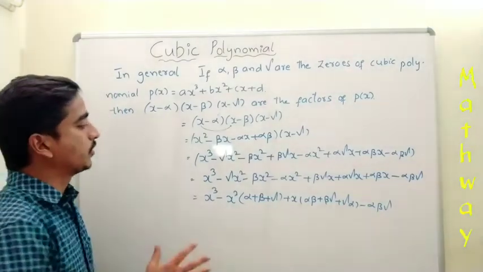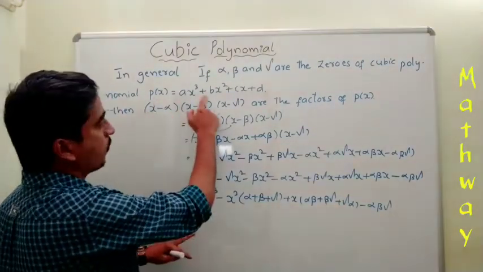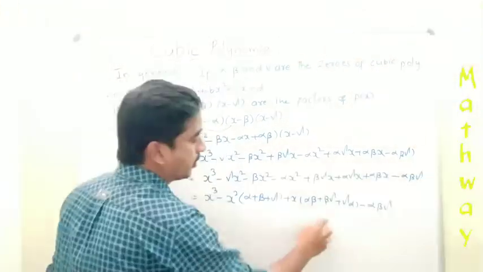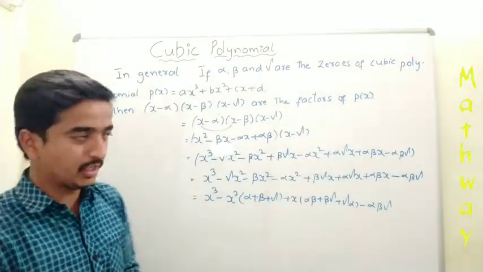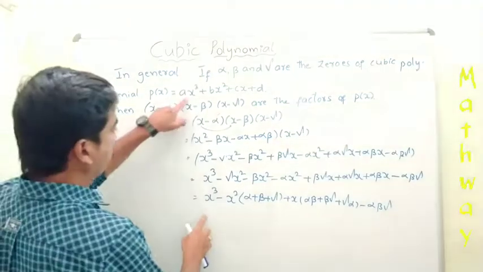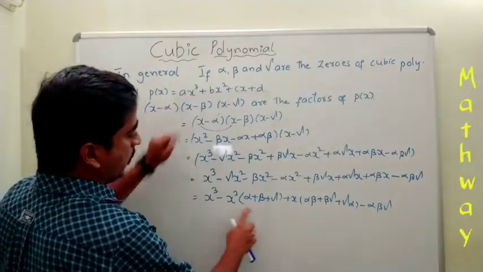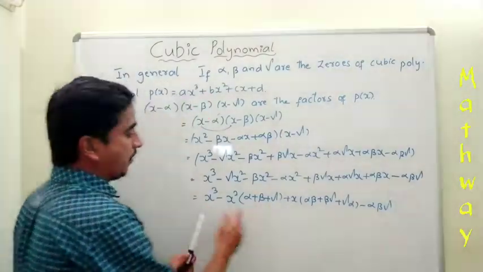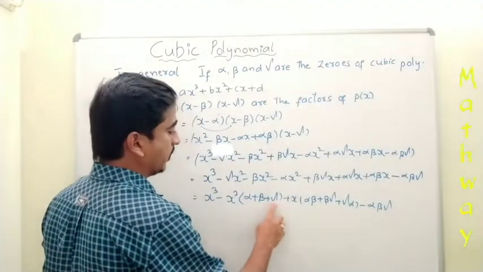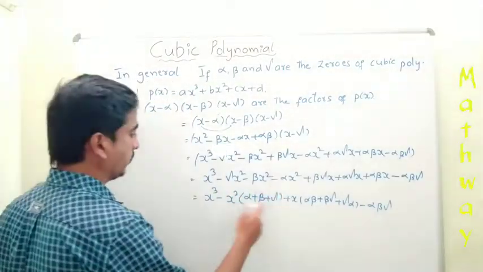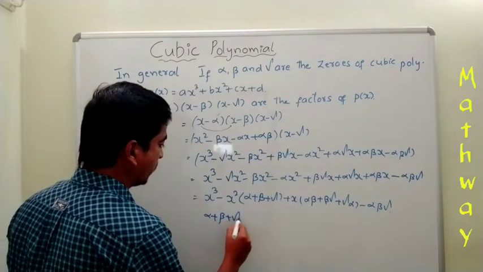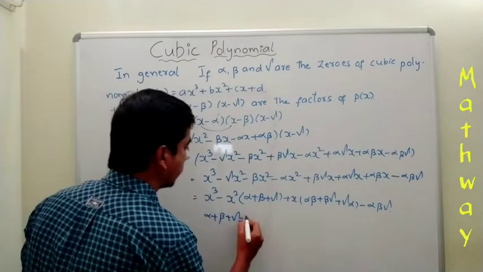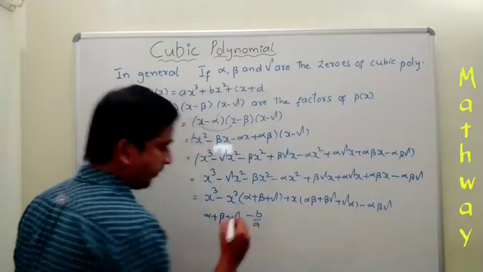So by comparing with the general form of cubic polynomial, we can get the relation between the zeros and the coefficient of the terms. Let us see here. So x cube, x cube. The sum of the zeros alpha, beta, gamma, we can write as alpha plus beta plus gamma equals minus b by a.